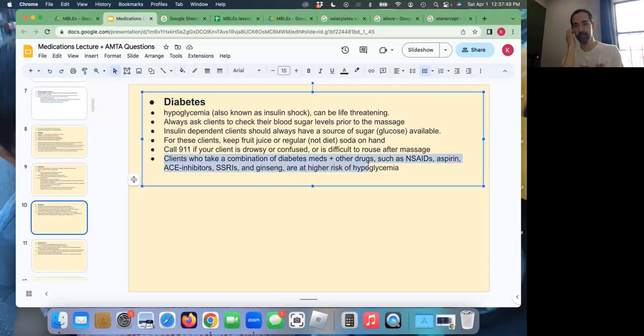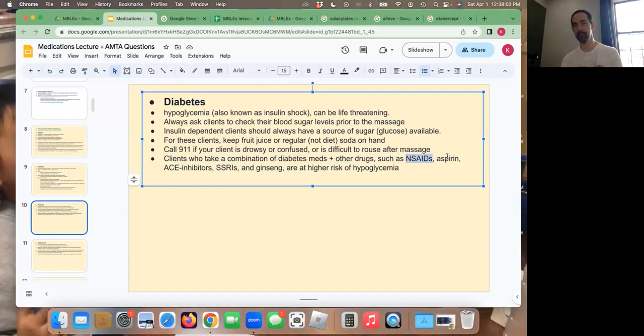Clients who take a combination of diabetes medications plus other drugs, like non-steroidal anti-inflammatory drugs, such as Aleve, which is naproxen, or Advil, which is ibuprofen, or aspirin, or ACE inhibitors, which are taken for cardiovascular symptoms, or selective serotonin reuptake inhibitors, SSRIs, which I believe are sometimes taken for depression.